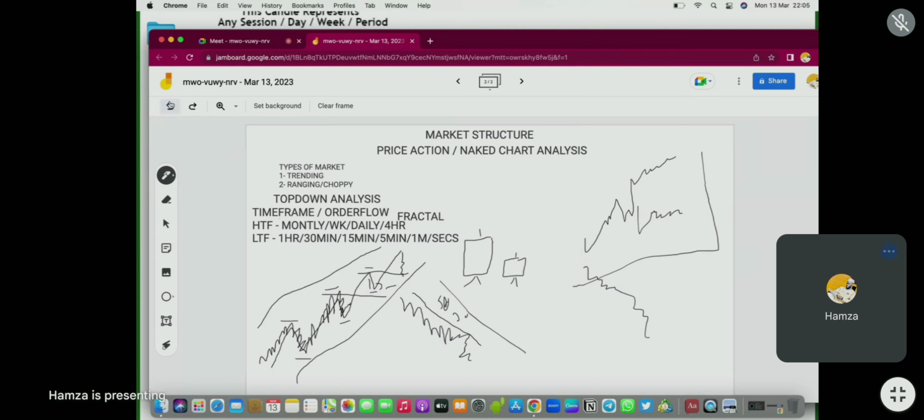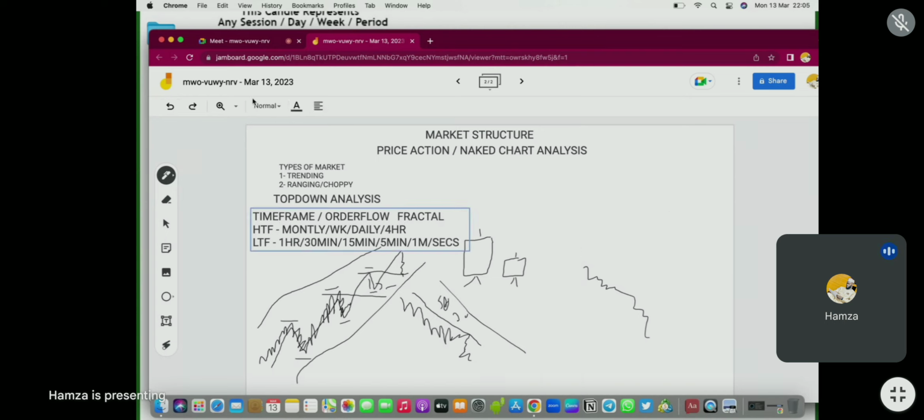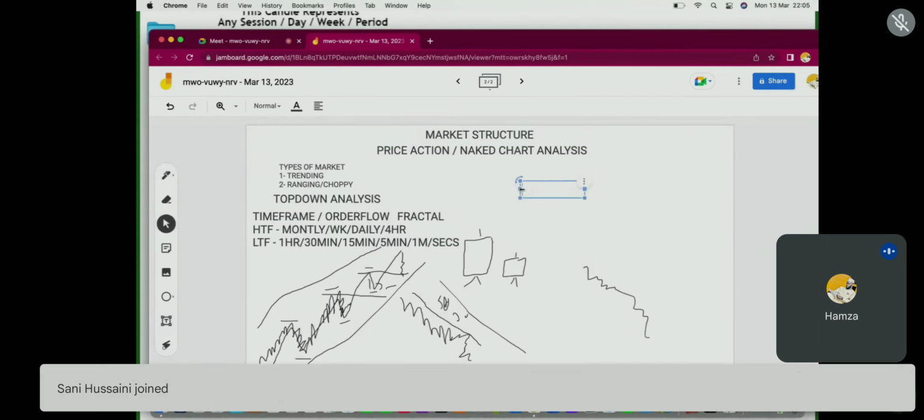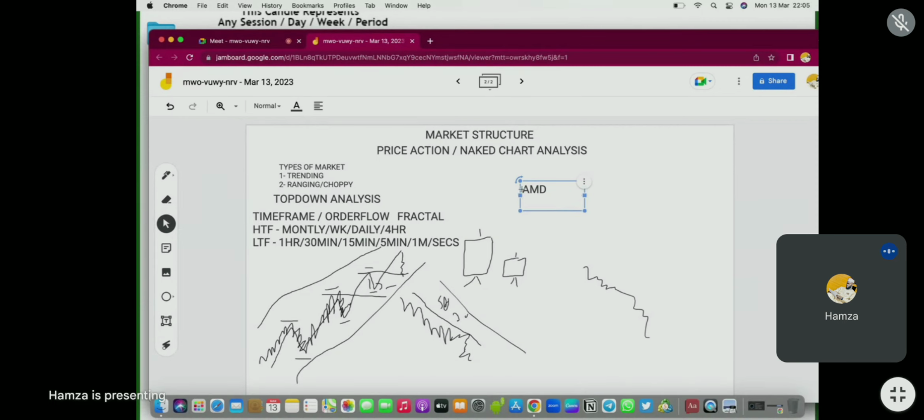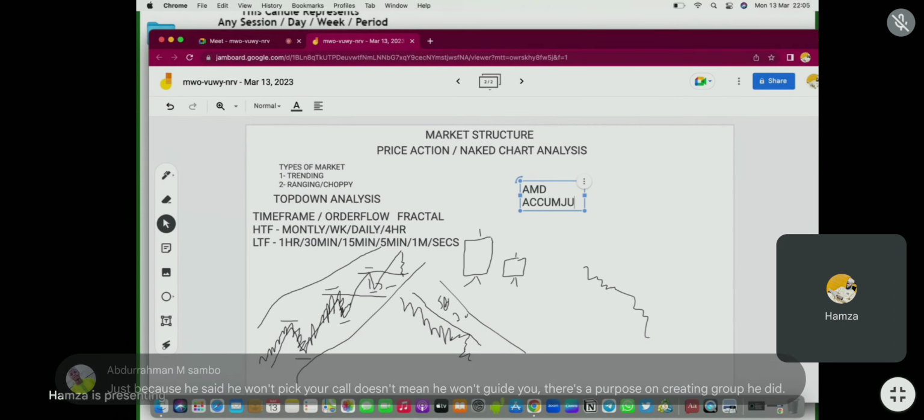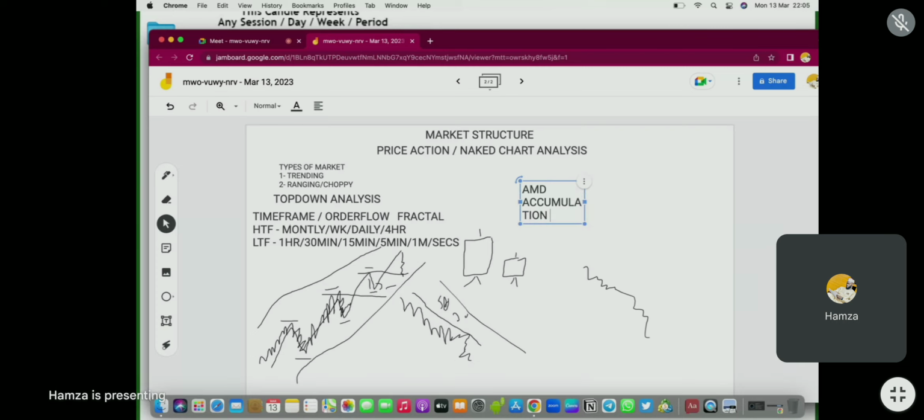Now, especially if you're trading the USD paired assets instrument, let me call them that, there's a concept we call AMD: accumulation, manipulation, distribution. I think this week we'll be sticking with market structure, so I'll be going deeper and deeper on market structure this week, God willing.